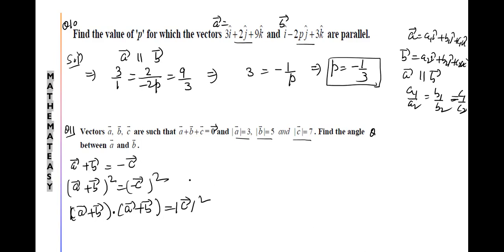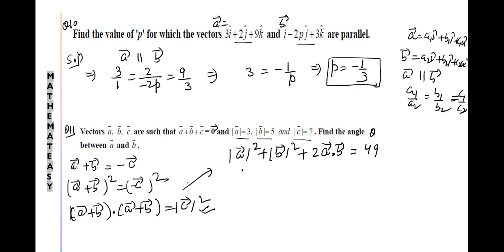So here you get magnitude of A square plus magnitude of B square plus twice of A dot B equals magnitude of C square, which is 49.